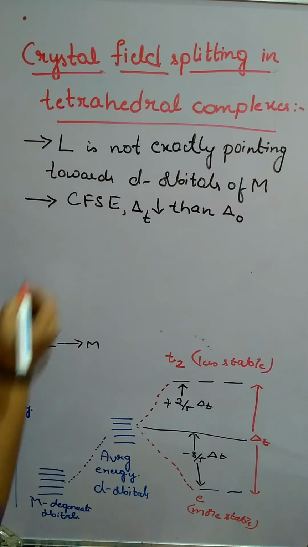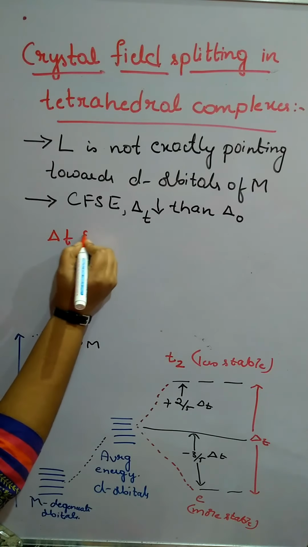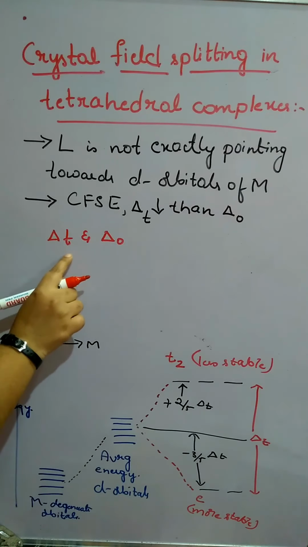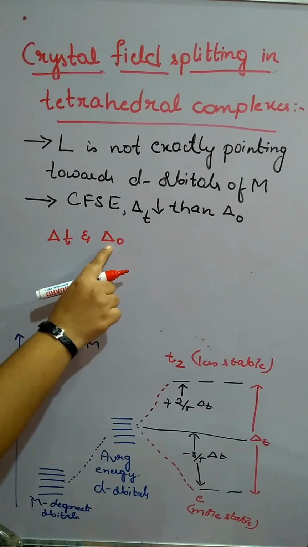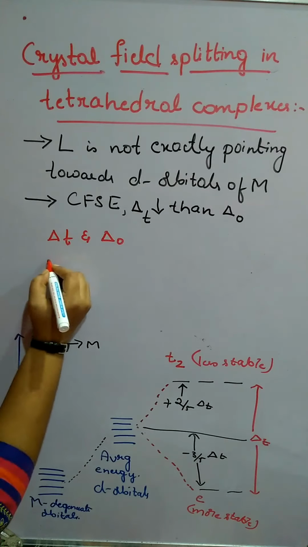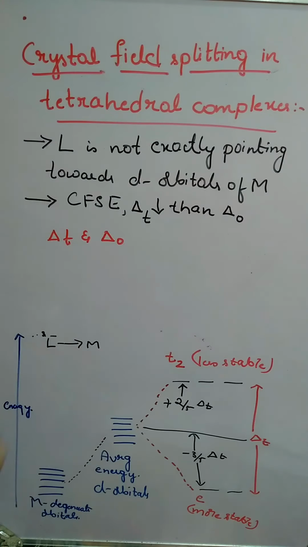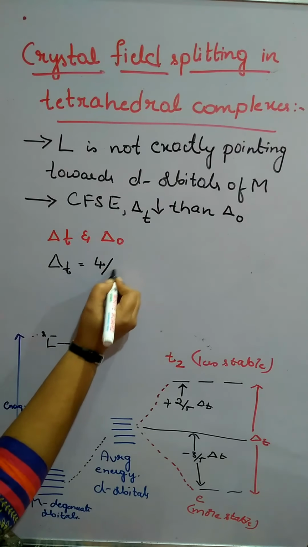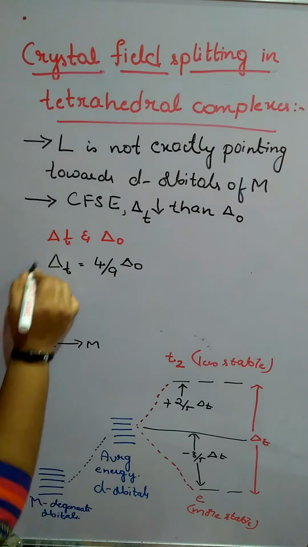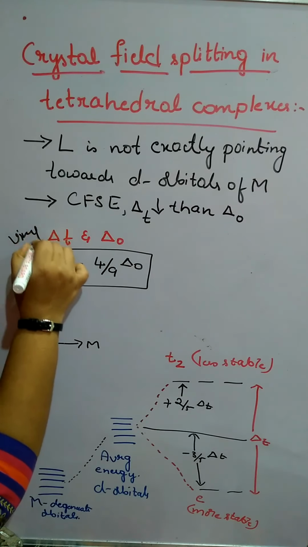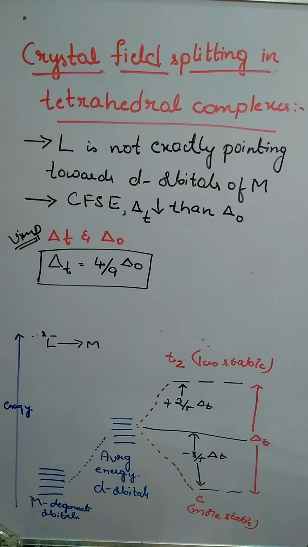That means the relationship between delta T and delta O, that is, the crystal field splitting in the tetrahedral complex and in the octahedral complex. If you compare them, the crystal field splitting in the tetrahedral complex is equal to 4 by 9 delta O. This is important. So delta T is equal to 4 by 9 delta O.